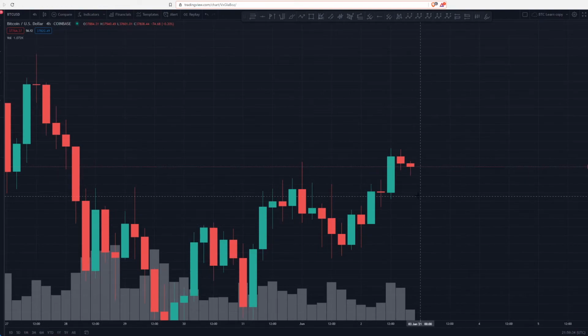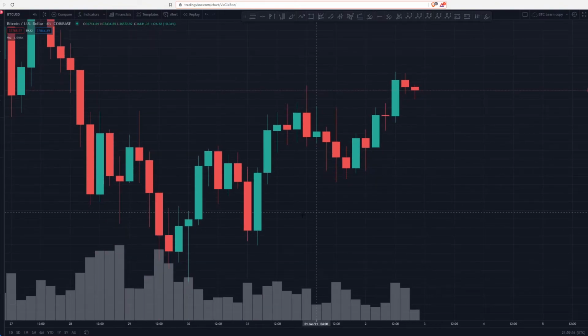But the body of the candle means wherever the open and close are. If there's a big candle body, that means there's acceptance, right? You open the price and then you close the price close to the top or the bottom of that candle. So like this candle, the body was very wide with little wicks: there's acceptance, price goes up.